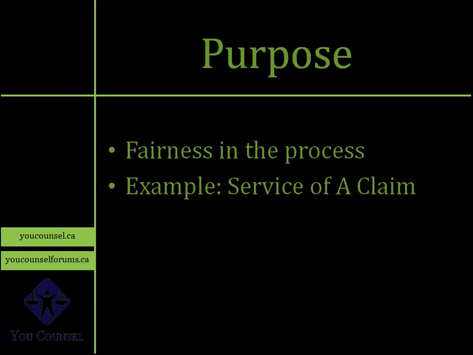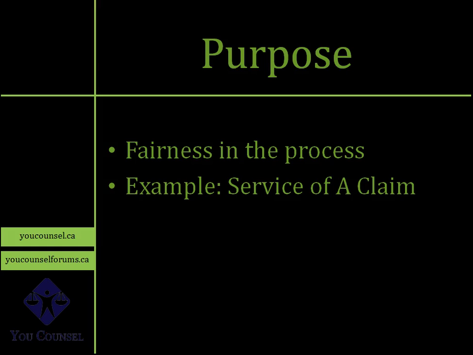Now, a defendant who has to respond to that claim needs to have clear knowledge that a claim has been issued against him or her, right? And so how does the court ensure that that person has actually received the documents? There is a whole process. There are rules that dictate how you can serve that claim.